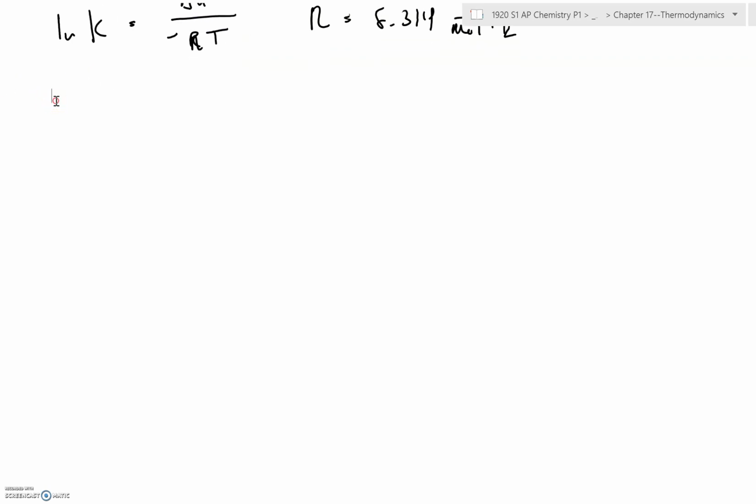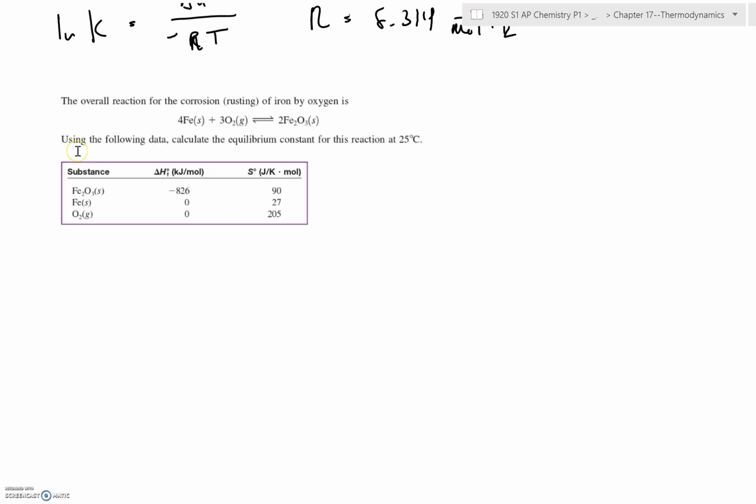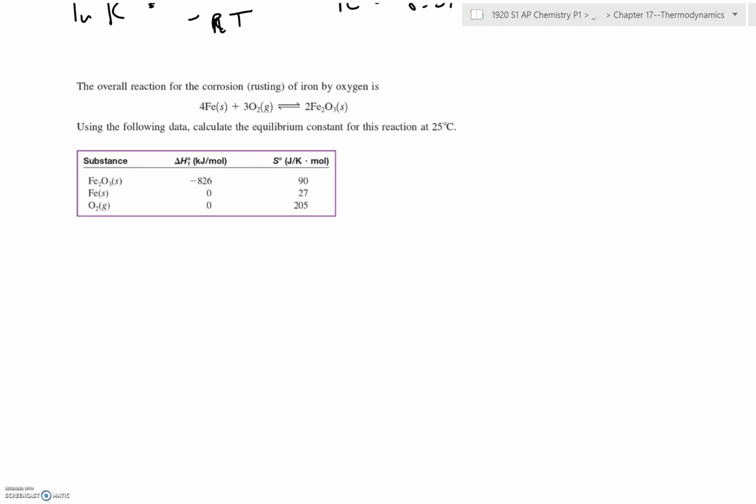So let's take some data. Now this reaction, I could have solved for the delta H and the delta S for you, but you guys are pretty good at this stuff. Just remember that these guys are all in joules. So there's a couple ways you can approach this.